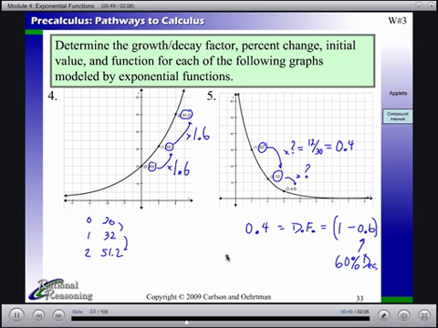Okay, initial value. So they gave us, the first one was 30. Initial value corresponds to the input being 0, always. So we don't know what this initial value is. Call it A. How can we use this multiplicative reasoning to solve for A?